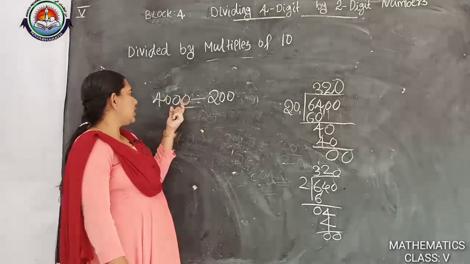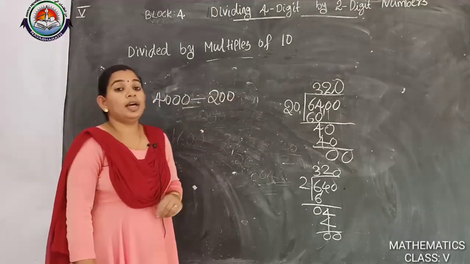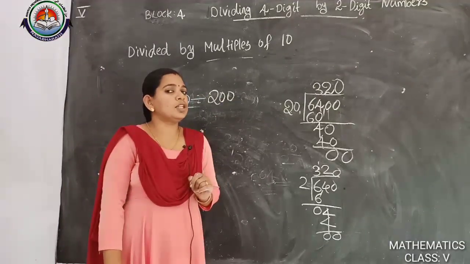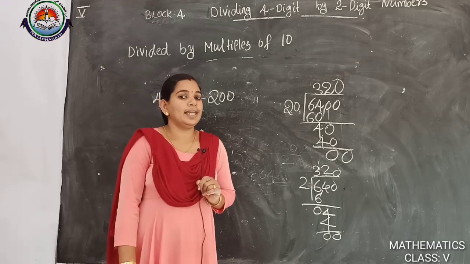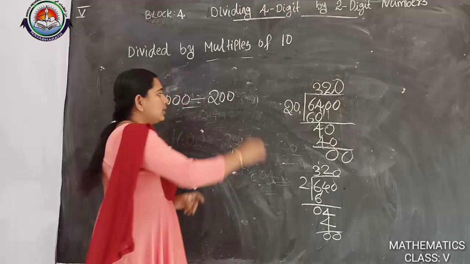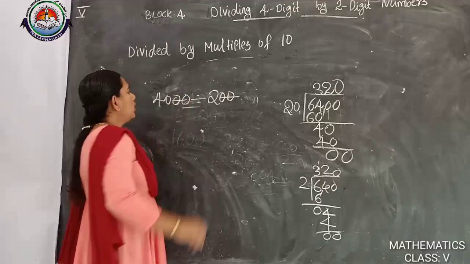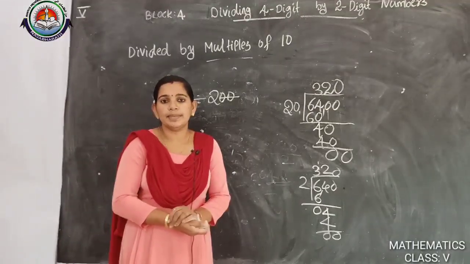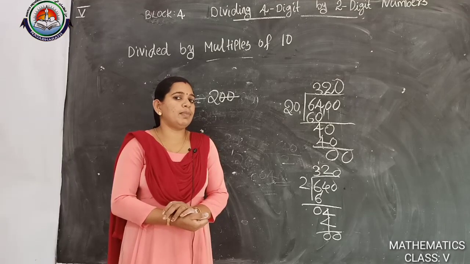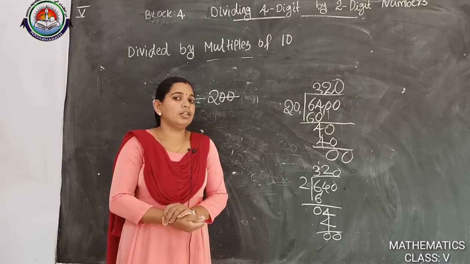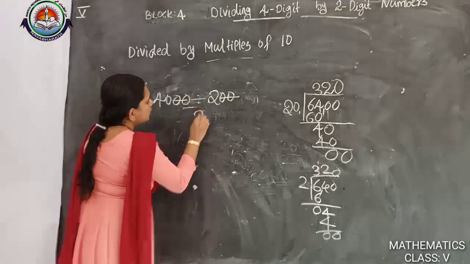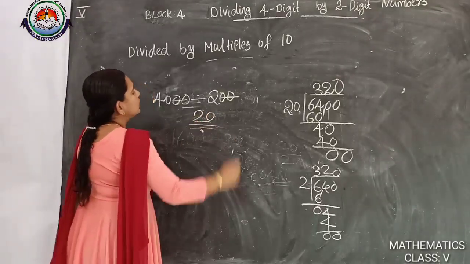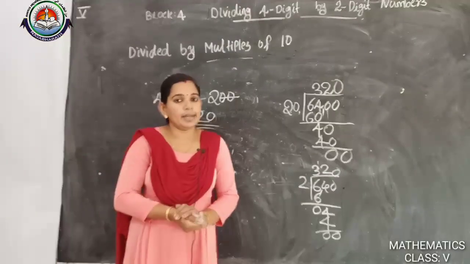How many zeros are here? 3 zeros. Here 2 zeros. Then how many zeros do we cut? Good, 2 zeros. Then 40 divided by 2 is 20. So 4,000 divided by 200 is 20.